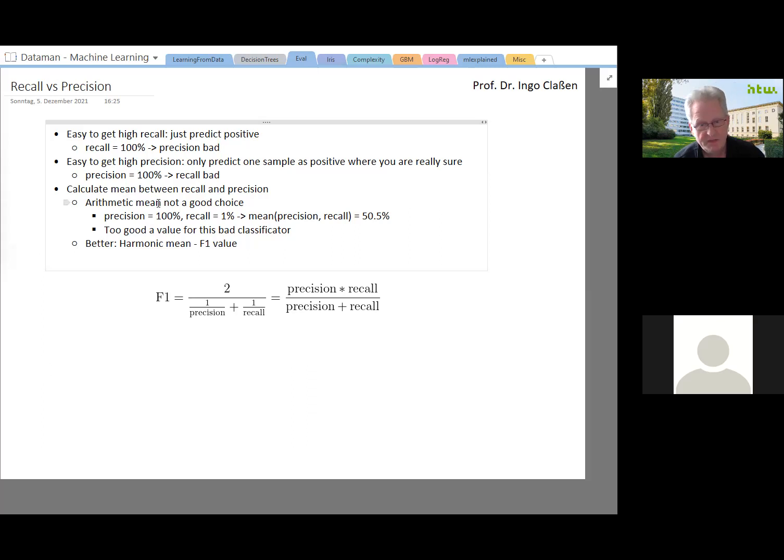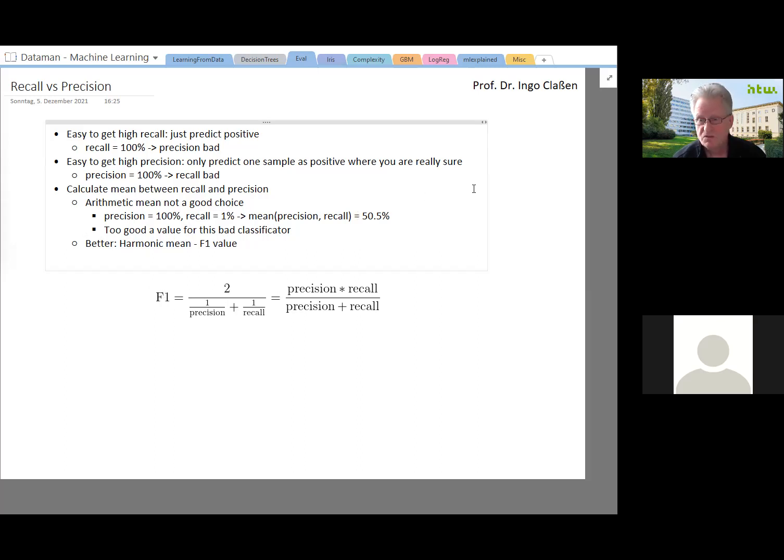But actually the arithmetic mean is not a good choice, and a better choice is what is called the harmonic mean. And that's what is called the F1 value. This is the formula for the harmonic mean here. That is usually the metric that we are going to use.